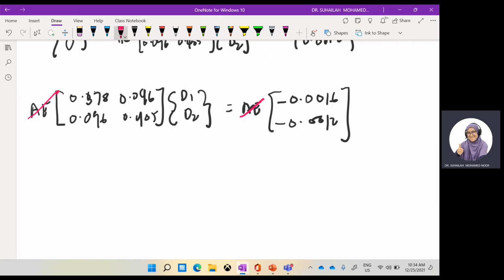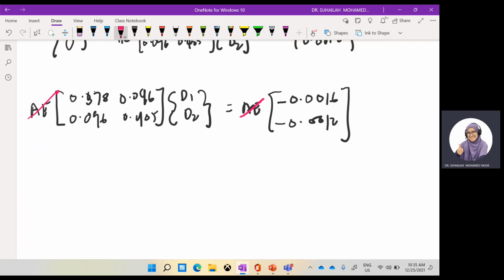So we put the value in the calculator. So we choose equation with 2 unknowns. A1 is 0.378, B1 is 0.096, and then C1 is negative 0.0016. A2 is 0.096, B2 is 0.405, and then C2 is negative 0.0012.